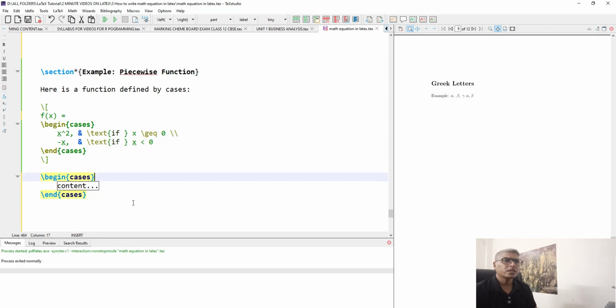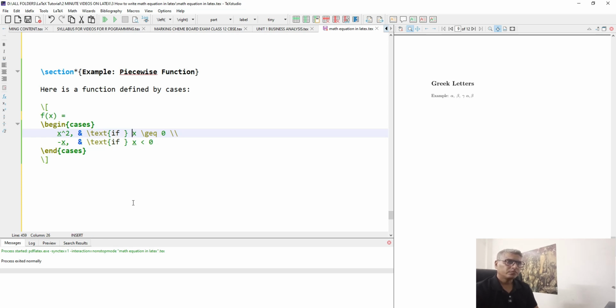So here it has given you begin cases and end cases, and it is showing write your content here. So very simple. So here we have written begin cases and end cases, and here we have written our equation x square comma and slash text. What is the text here? If. So here we are guiding it that we are using the text, not a mathematical equation.